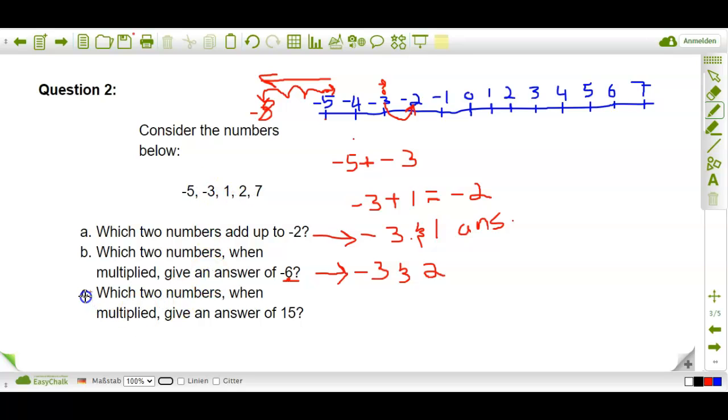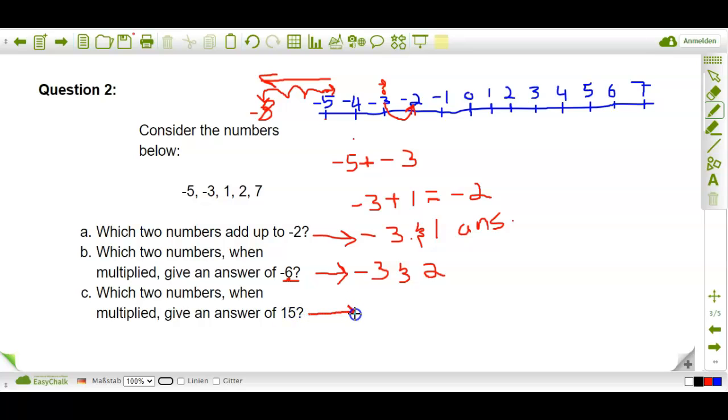Part C of the question asks which two numbers when multiplied give an answer of 15. To get 15, we either have to multiply 1 by 15 or 3 by 5. Well, we have -3 and -5. Negative times negative is positive, so we will get positive 15.